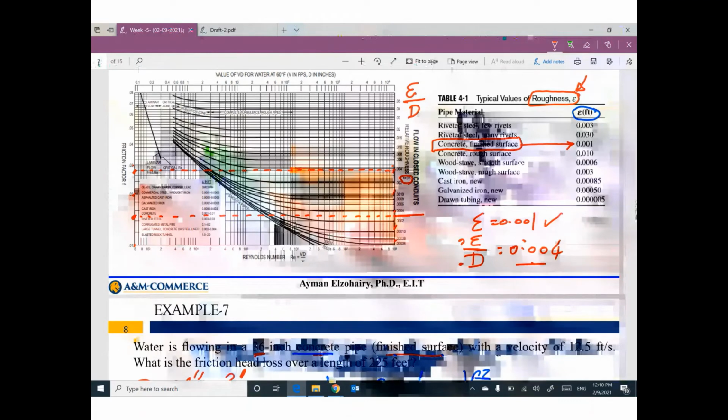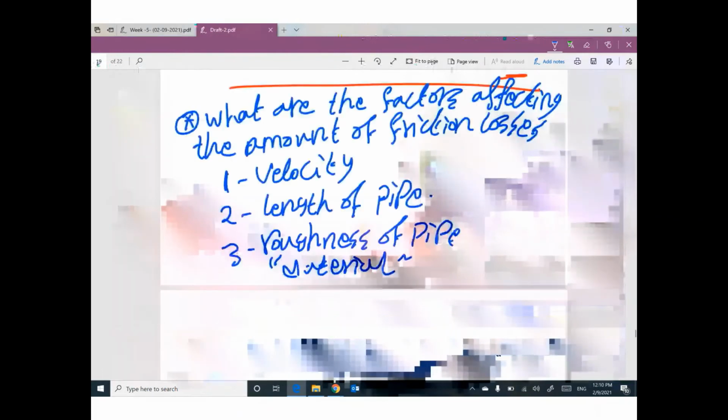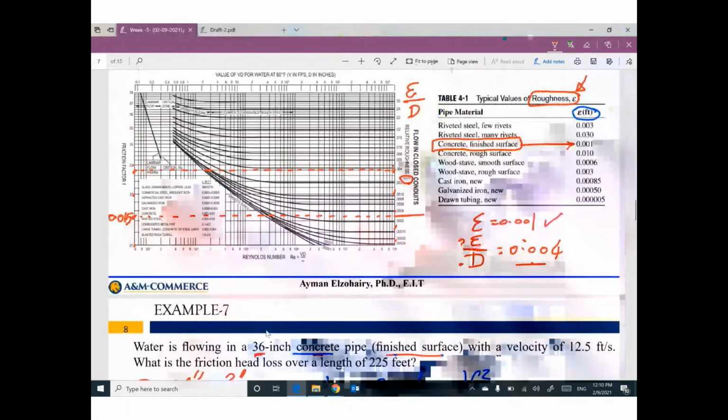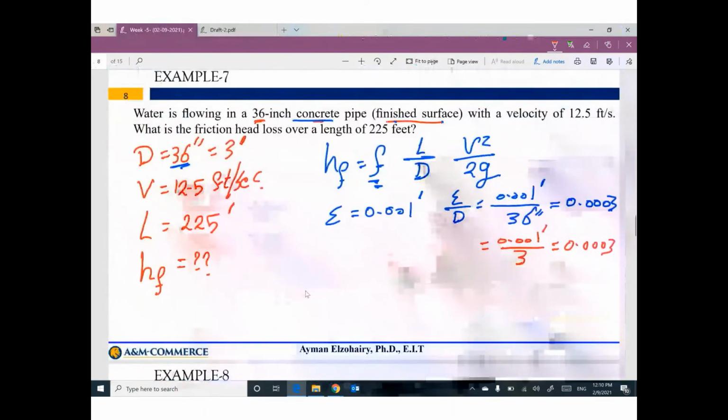This value is 0.02. So I believe 0.012, 14, 16, 18, 20. I think this value will be 0.015, something like this. So the value of F equals 0.015. Does that make sense?